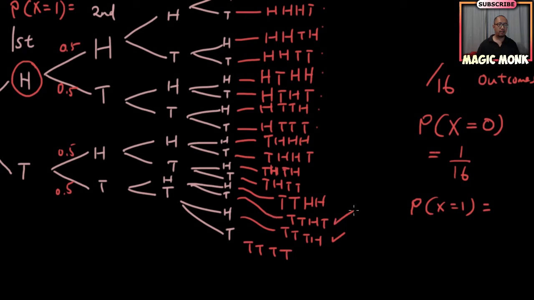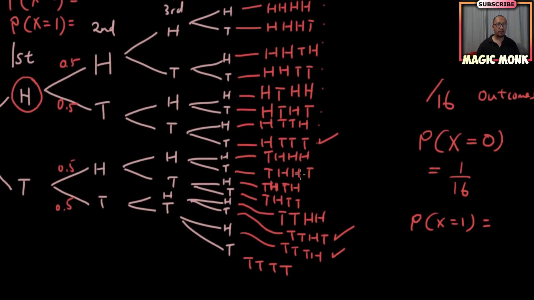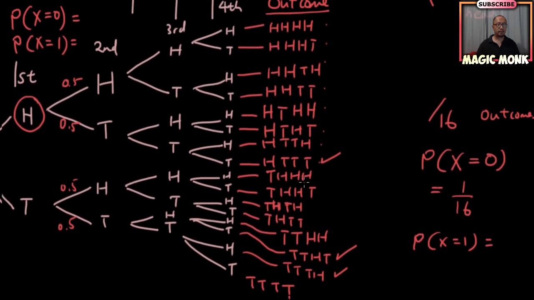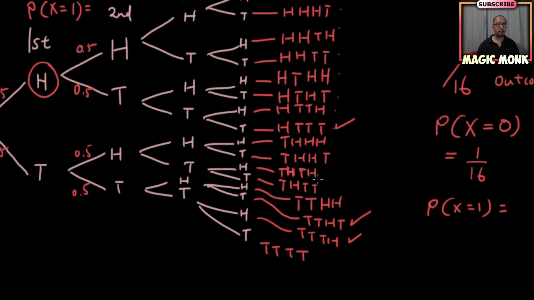This also has 1 head. And this is 1 head. Can you see any more with just 1 head? It's a bit hard to see. THTT, this also just has one head. So yeah, I can see 4 of them.